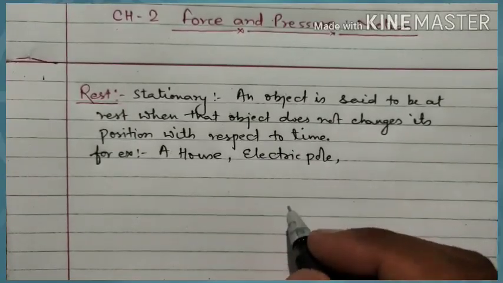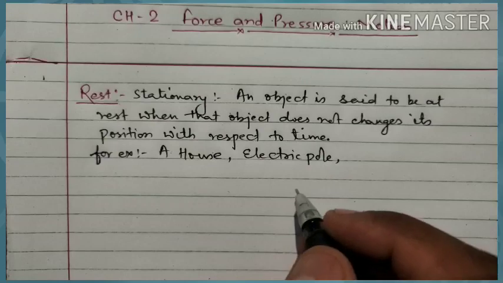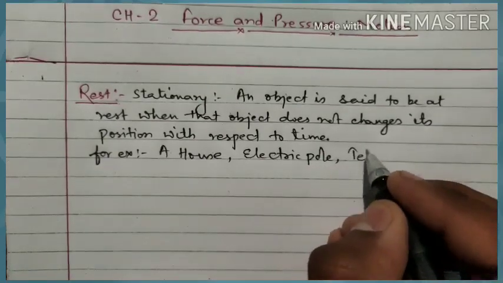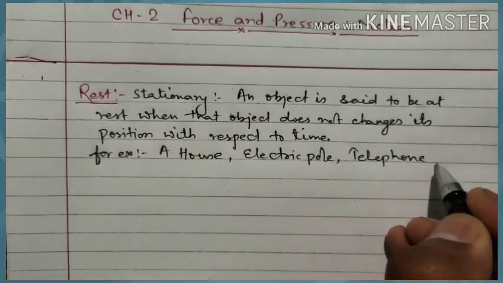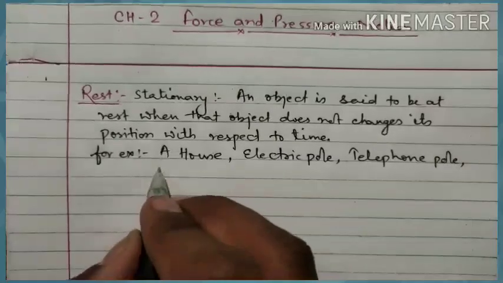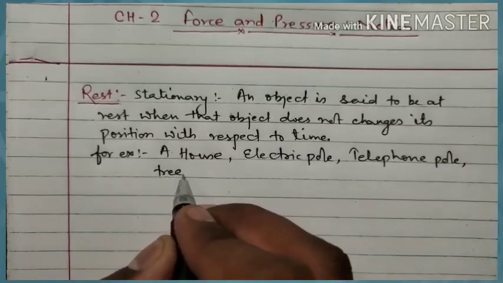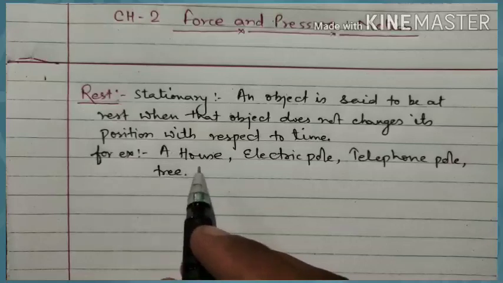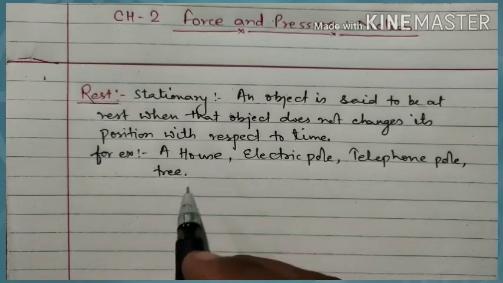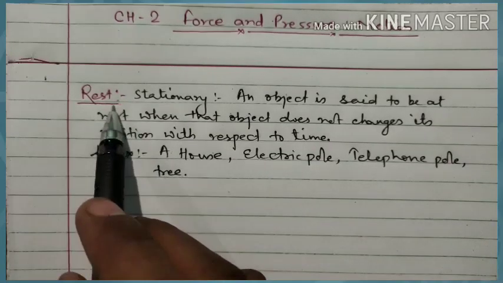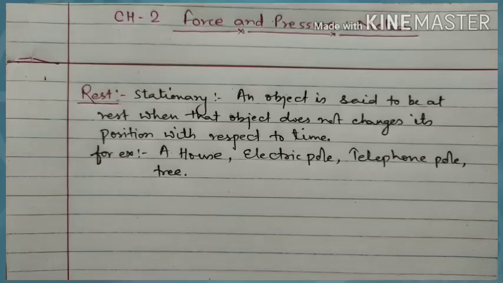It does not move from one place to another place. Then a telephone pole, and one more, trees. These are the objects which do not change their position. That's why these objects are said to be at rest. Hope that rest is clear to you.